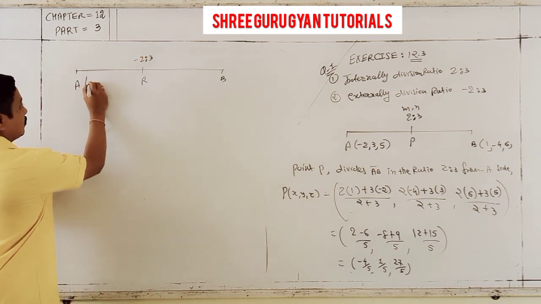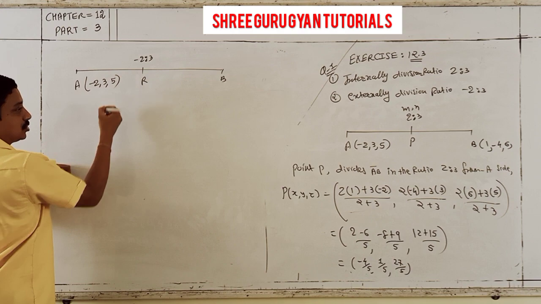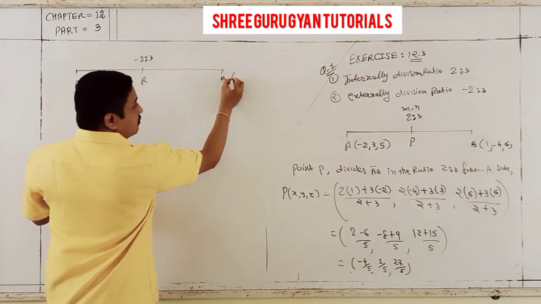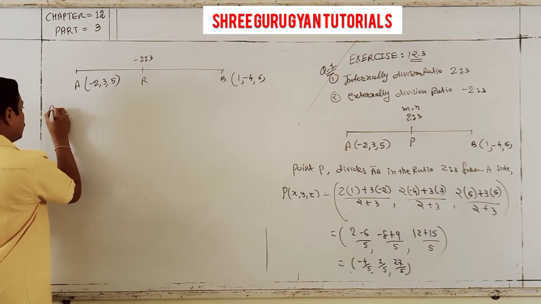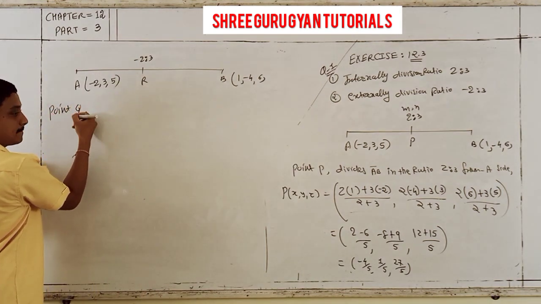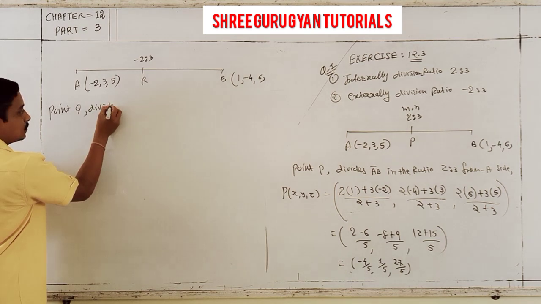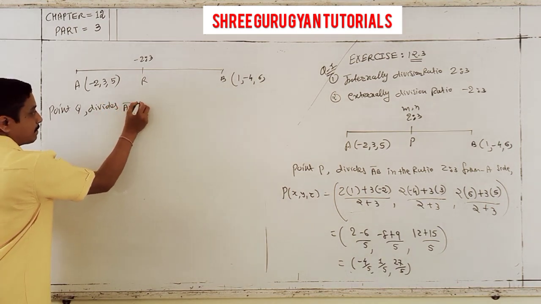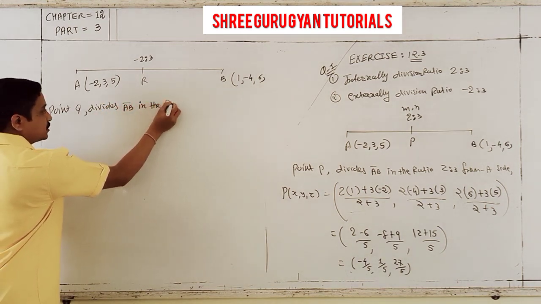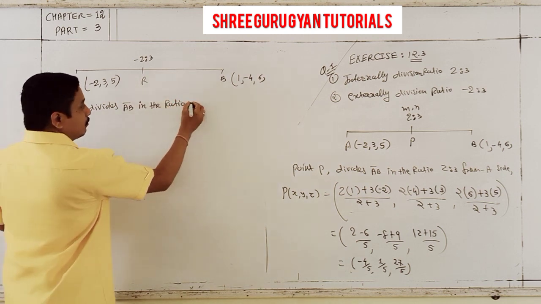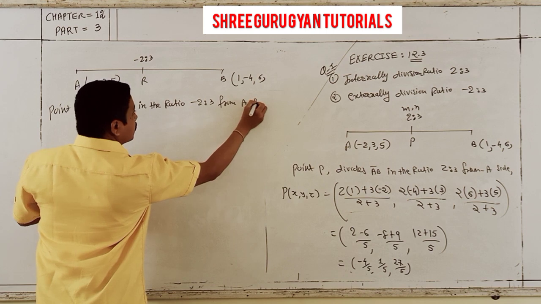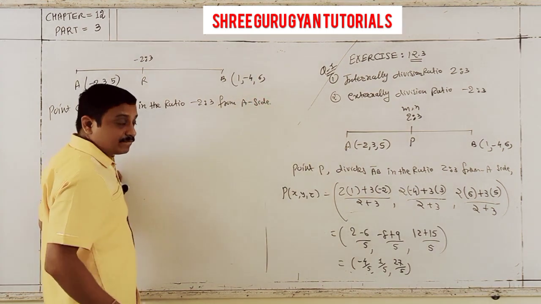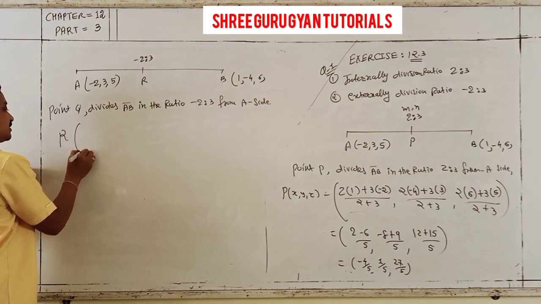A I have minus 2, 3, 5 and B I have 1, minus 4, 6. So I just write down: point Q divides AB in the ratio minus 2 ratio 3 from A side.